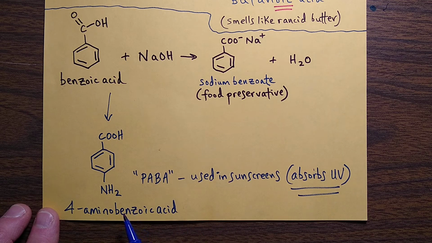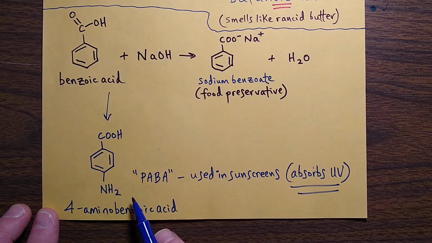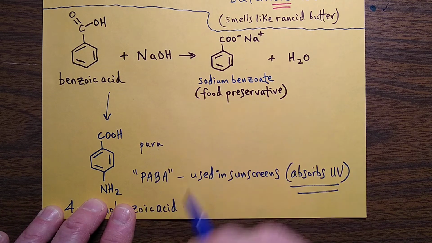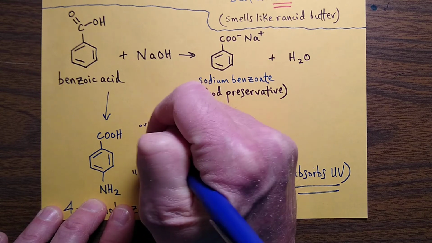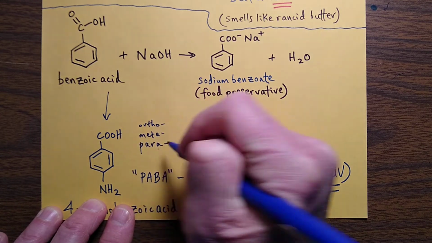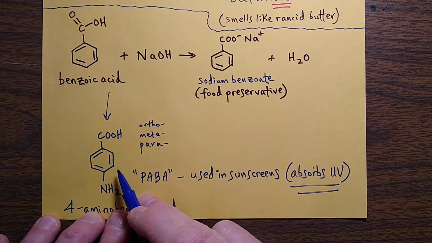And another way to name that, as we saw in the last chapters on aromatics, is this is the para position. So another way to name this would be para, because remember I talked about ortho, meta, and para positions on an aromatic ring.